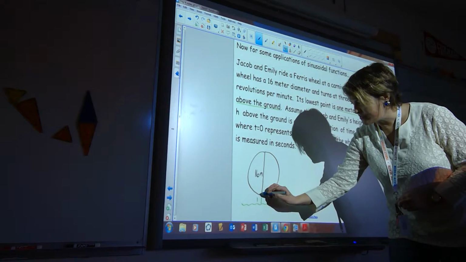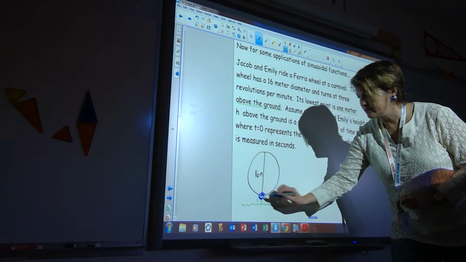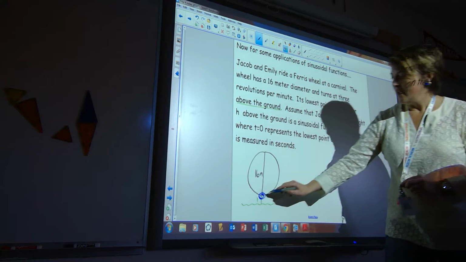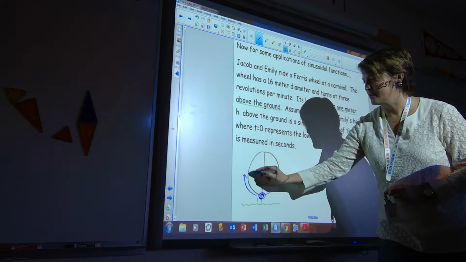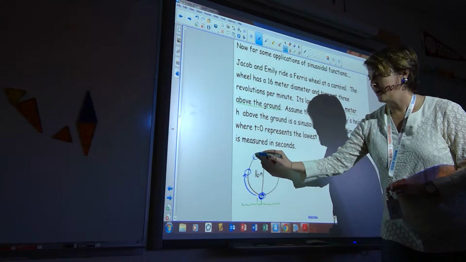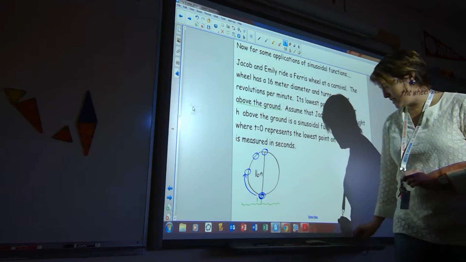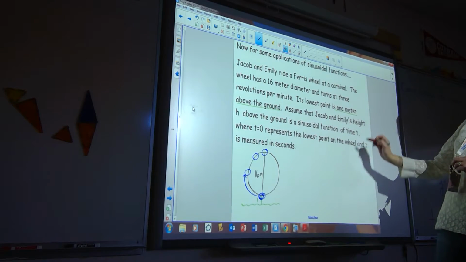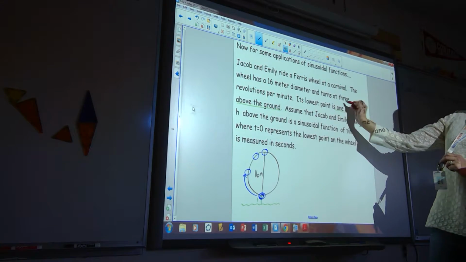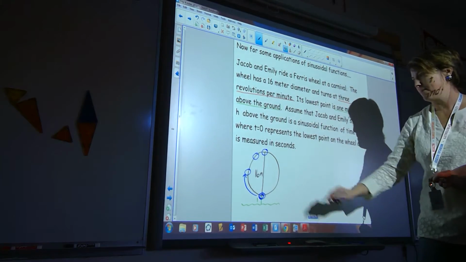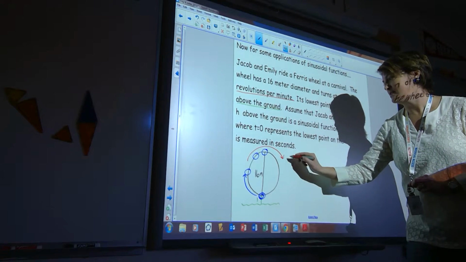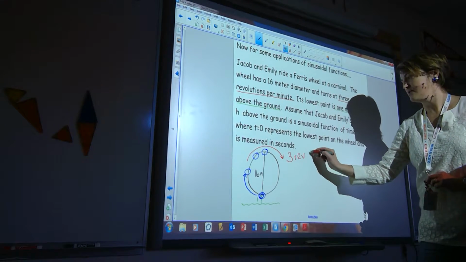Now, what's happening is we're getting into the bucket of the Ferris wheel, and then we are rotating around the circle and changing our position over time. They told us it takes 3 revolutions per minute. All right, so this is 3 revolutions per minute.